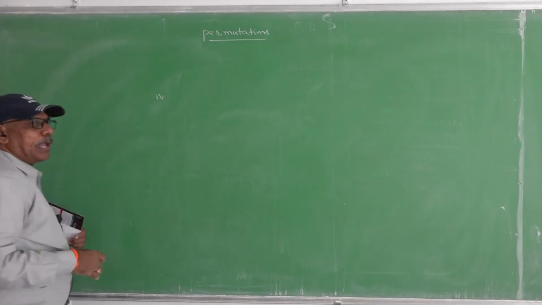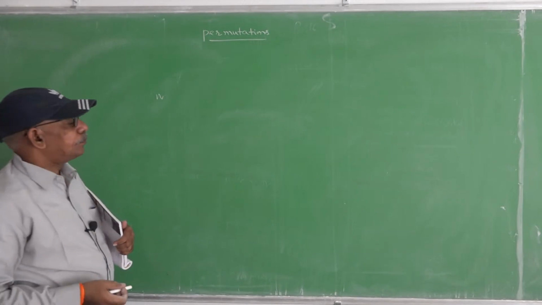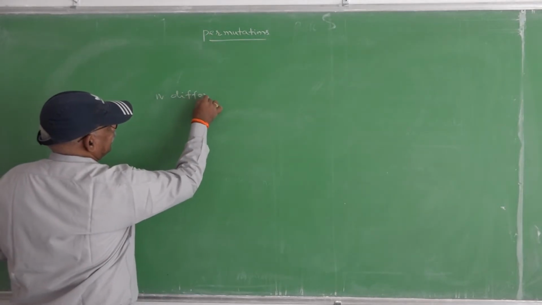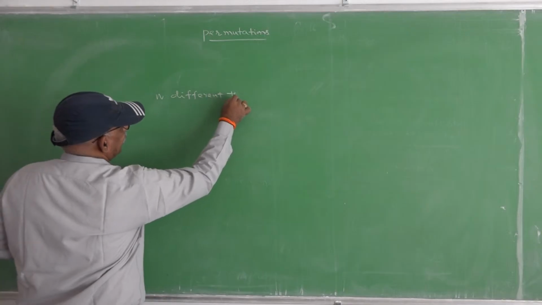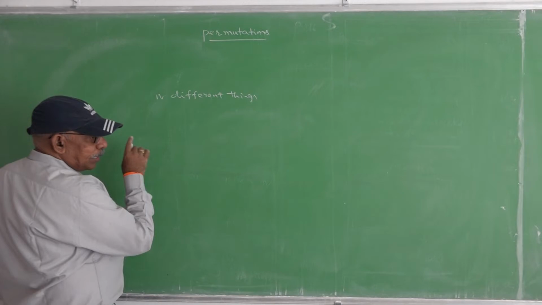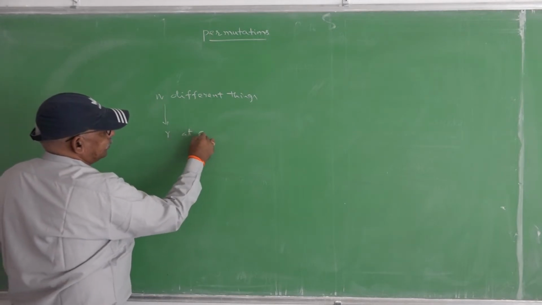The number of arrangements of n dissimilar things, n different things, taken r at a time.